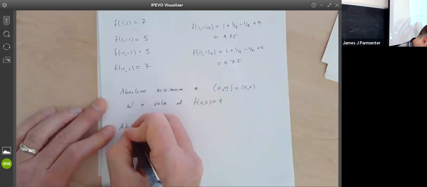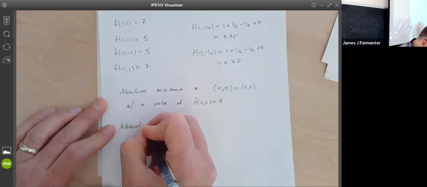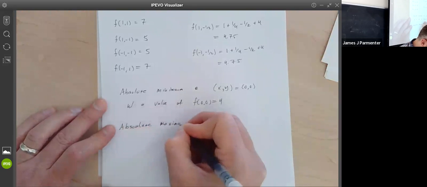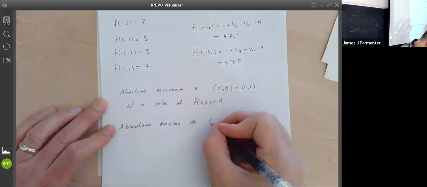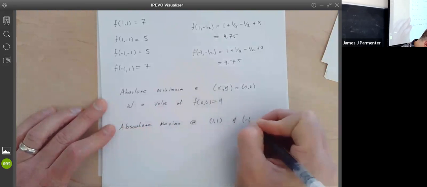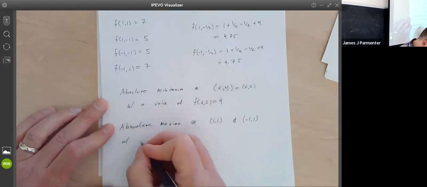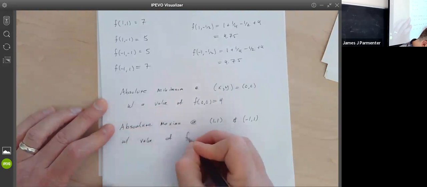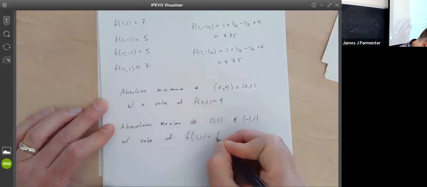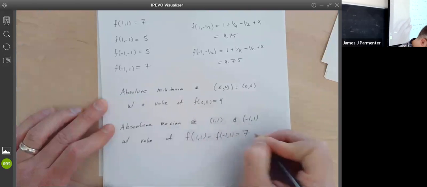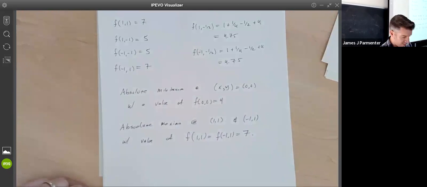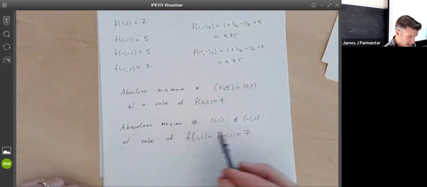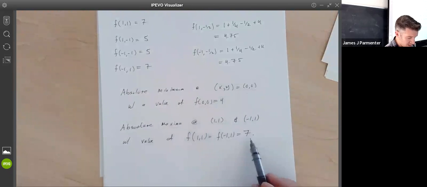We have absolute maxima, and I am using the plural there, at 1, 1 and -1, 1 with value of f of 1, 1 is equal to f of negative 1, 1 is equal to 7. So we have an absolute minimum at 0, 0, value is 4, absolute maxima at 1, 1, and negative 1, 1 with values of 7.